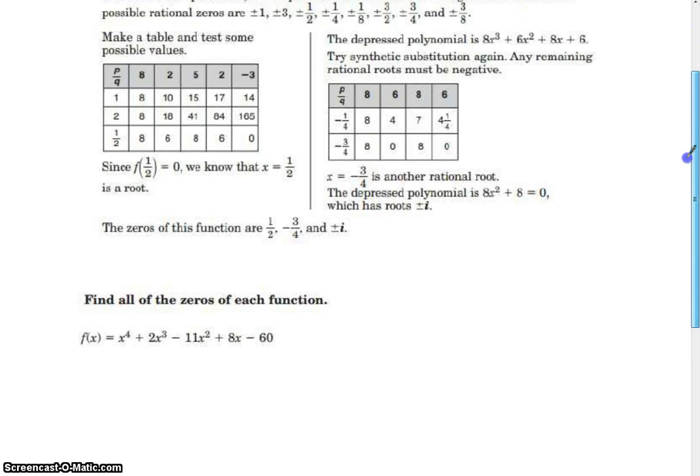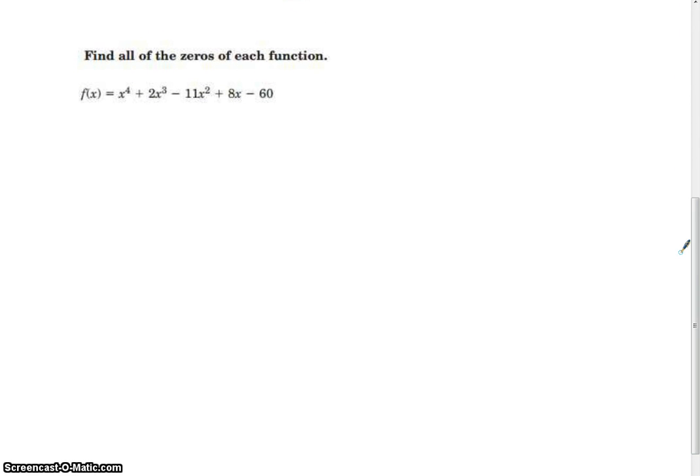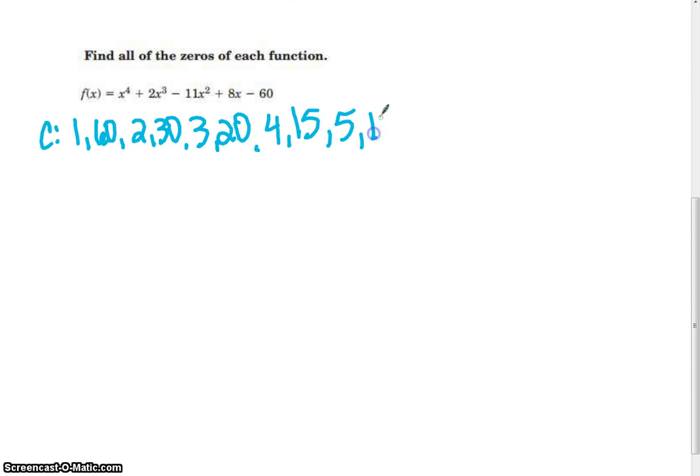So they want us to find all the zeros of this function. So start by figuring out your constant is 60. So 1 and 60, 2 and 30, 3 and 20, 4 and 15, 5 and 12, 6 and 10.